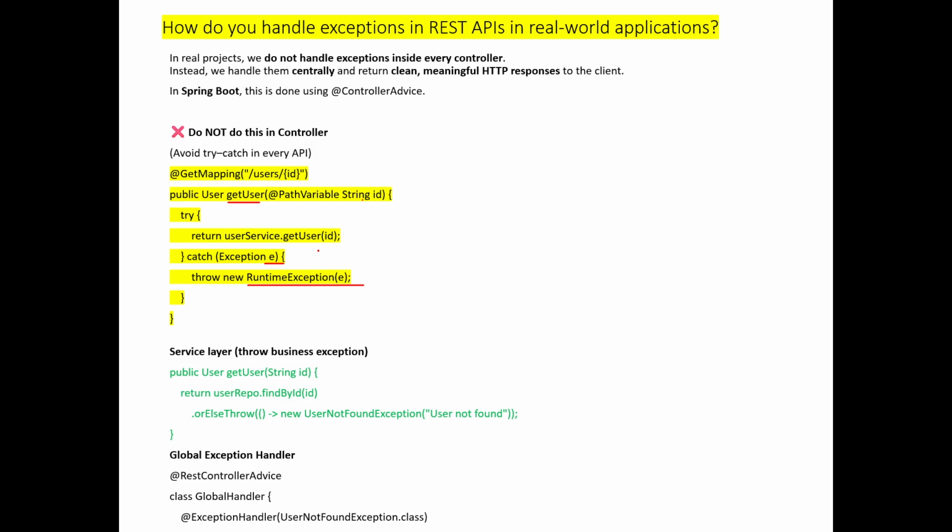So don't do this. Instead, you will create a global exception handler by using @RestControllerAdvice. You can create a global exception handler and a user-defined exception, and you will make use of them. This is another controller.